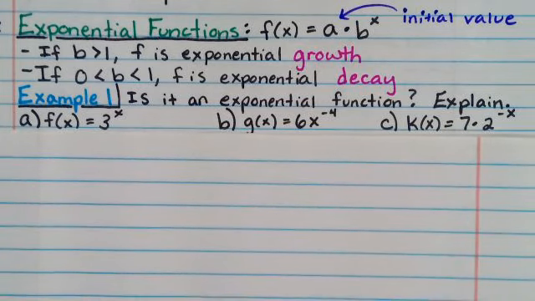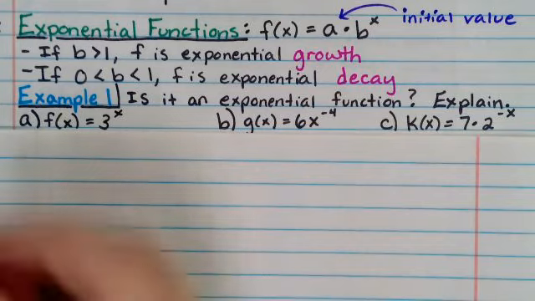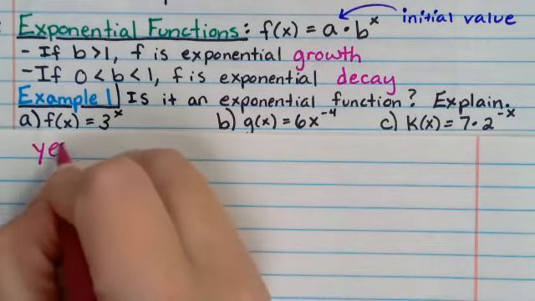Here's the problem. We do have a constant raised to a variable, but what some people have pointed out is that they did not see an a value. Here's the thing, guys. If you don't see an a value, it's okay. It just means that that a is automatically a little invisible 1 that you're not seeing. Okay, so this is considered an exponential function. The a value just would be 1. So I'm going to say, yes, it is.